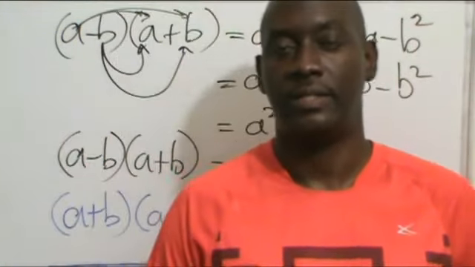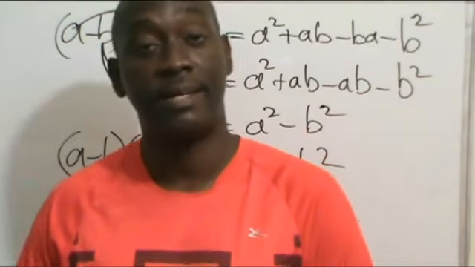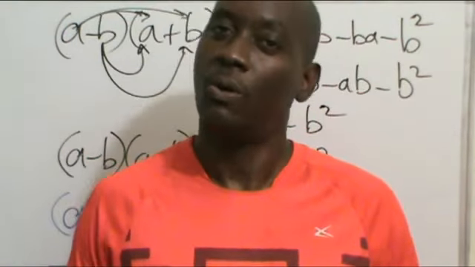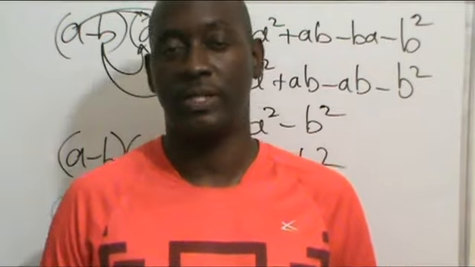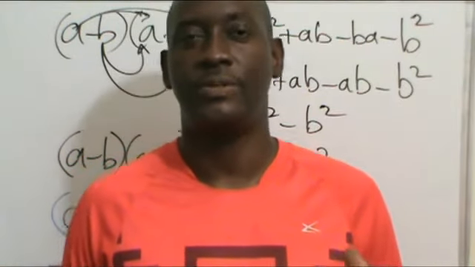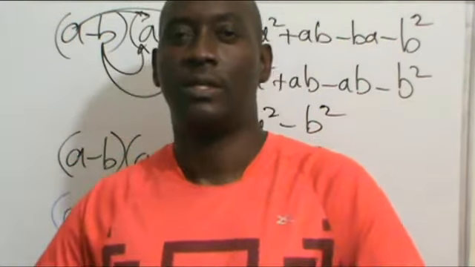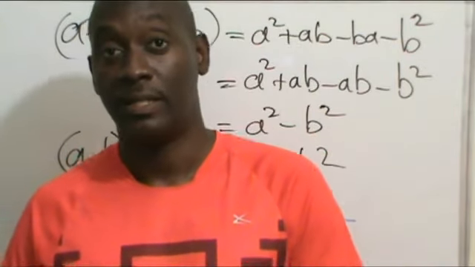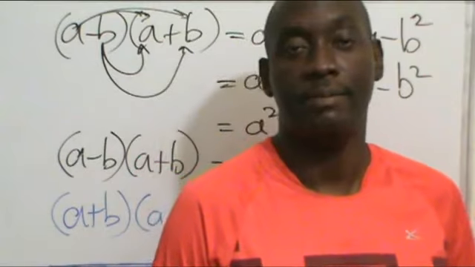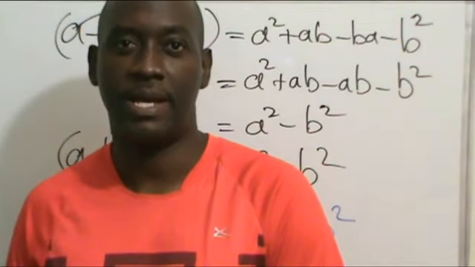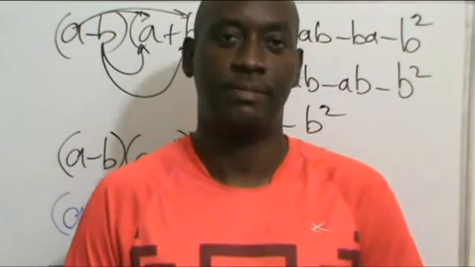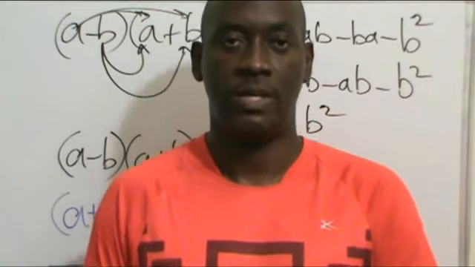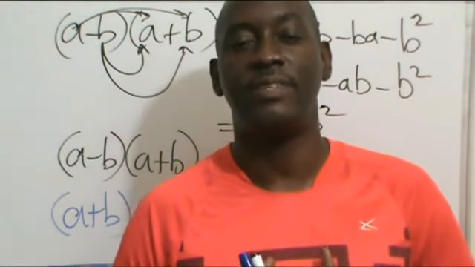You could ask for help. You might have somebody else who might help you, or you could check with me and I'll go through it. That is another opportunity for you to reinforce in your own mind that A plus B multiplied by A minus B is the same thing as A minus B into A plus B. So you have that there on the board, rewind if need be.